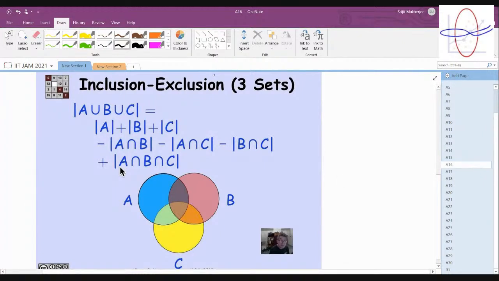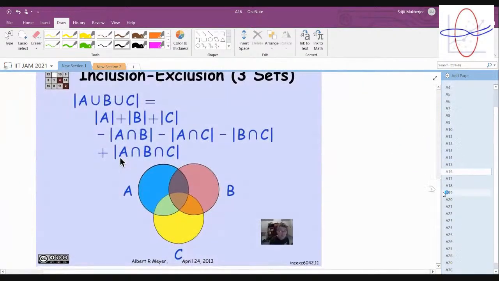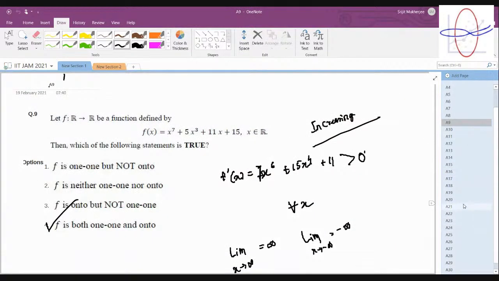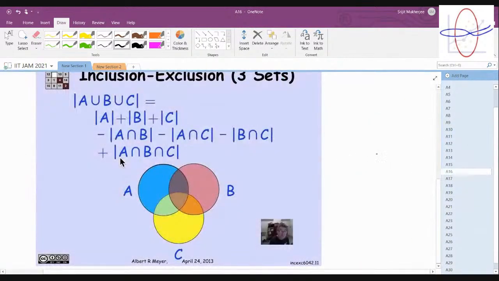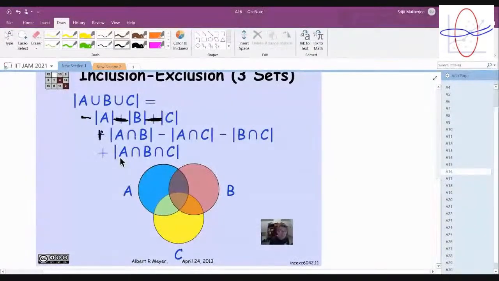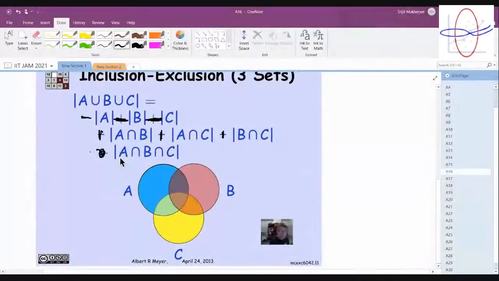A union B union C is equal to this. I think there was some mistake over here. So A intersection B is minus of this, and plus of all this is equal to A intersection B, I guess.